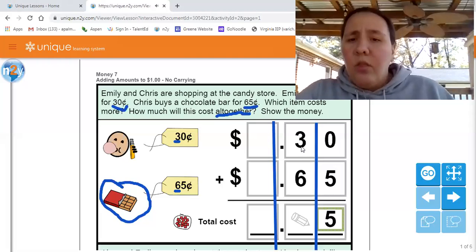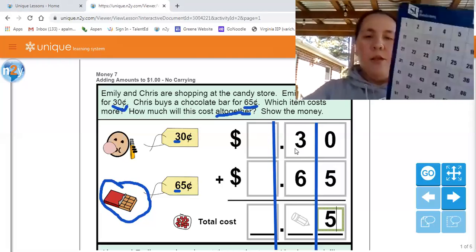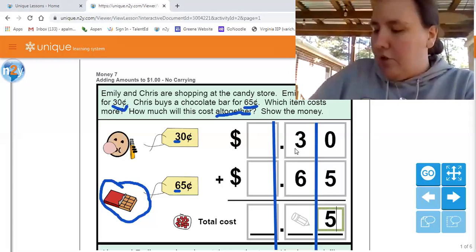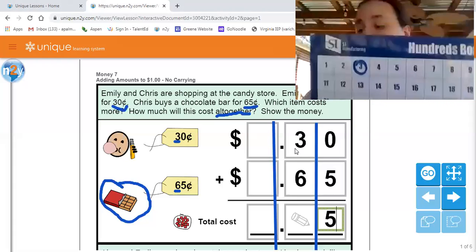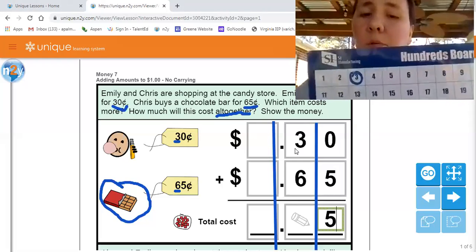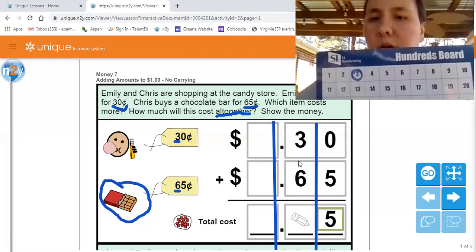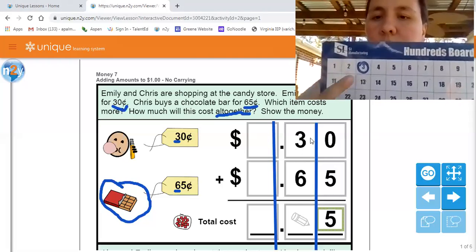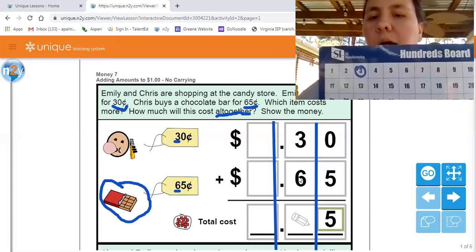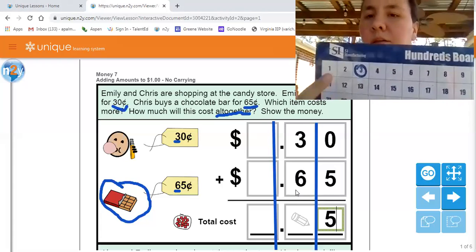Beautiful. Okay. So now I'm going to my next place value here in the middle, and I have a 3. So I'm going to circle the 3 because that's where I'm starting. And then I'm going to count on the number that is below it because I want to stay in my same line of numbers. So here where my white arrow is, I'm sticking with these two numbers. So I start on 3 and I count on, how many do I count? 6, beautiful.